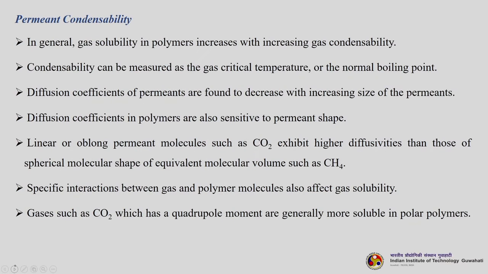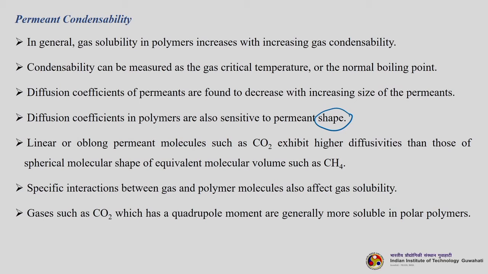Then permeant condensability. In general, gas solubility in polymers increases with increasing gas condensability. Condensability can be measured as the gas critical temperature or the normal boiling point. Diffusion coefficients of permeates are found to decrease with increasing size of permeates. Diffusion coefficients in polymers are also sensitive to permeate shape. Shape also plays a very important role.